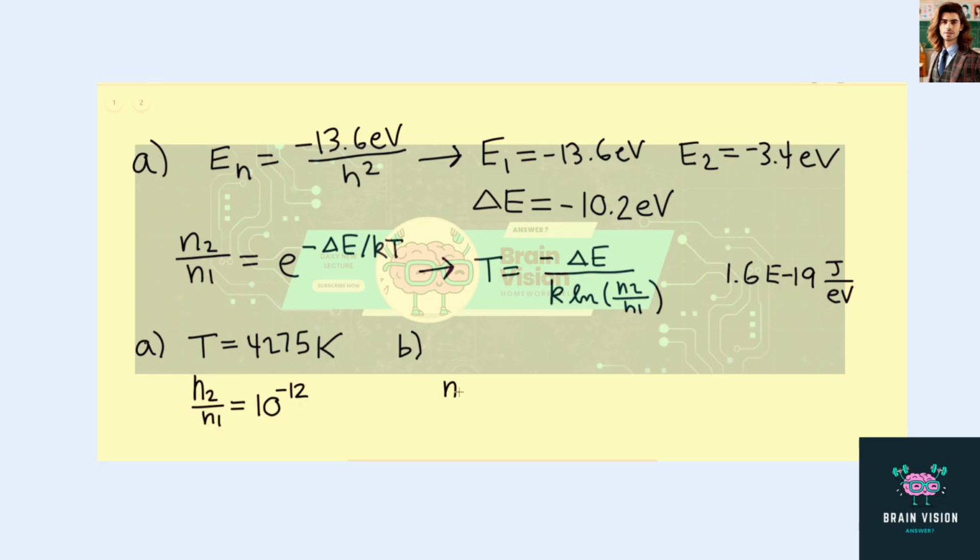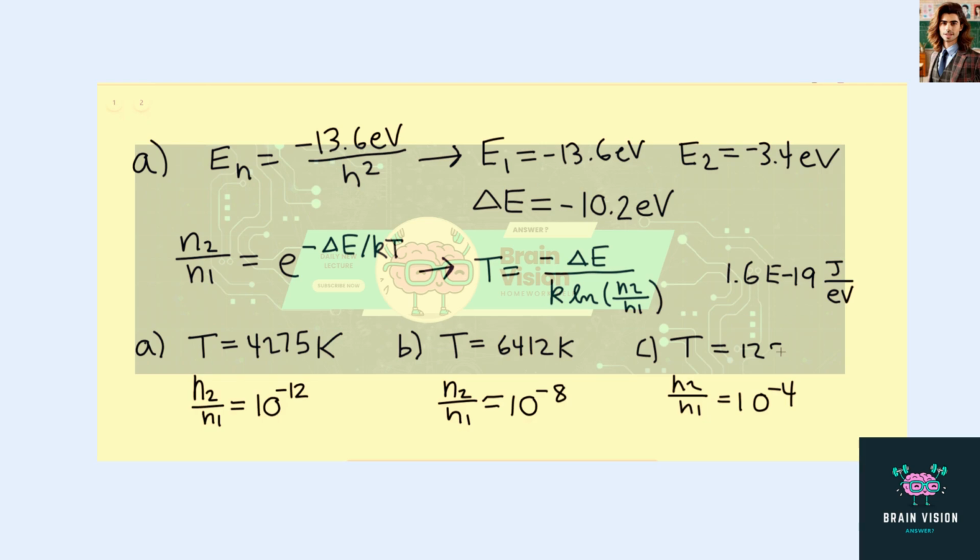If we increase it 4 orders of magnitude and have an occupancy ratio of 10 to the negative 8, we get a temperature of 6,412 Kelvin. Finally, when we increase it yet again by 4 orders of magnitude, we get a temperature of 12,824 Kelvin.